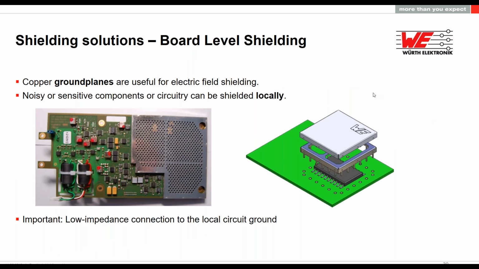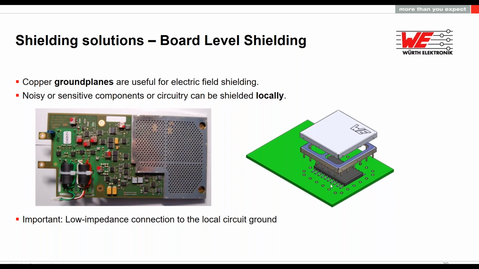Then if we go to board level shielding, we have the shielding cabinets. As we said before, these act like a Faraday cage. So they are a 5-sided Faraday cage, and the sixth side is the copper ground plane or return plane of our PCB.